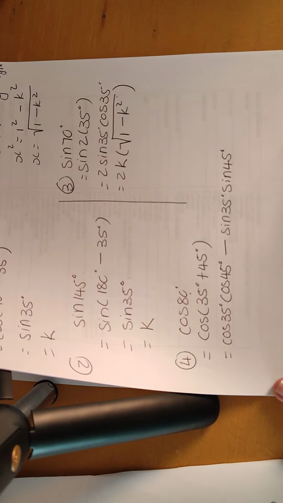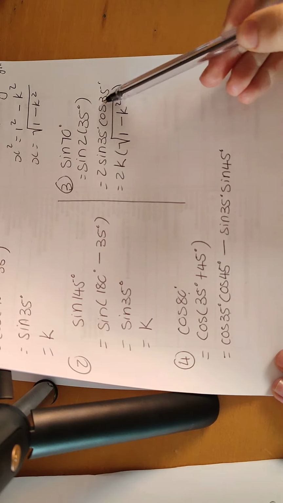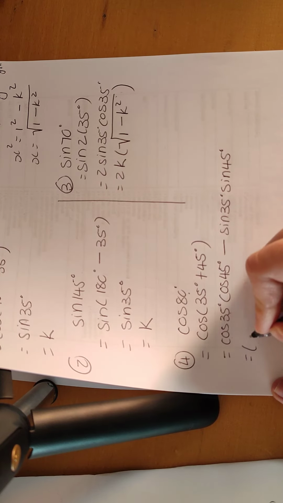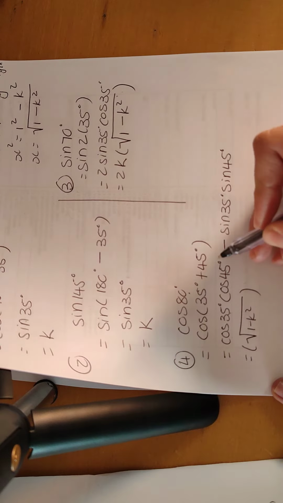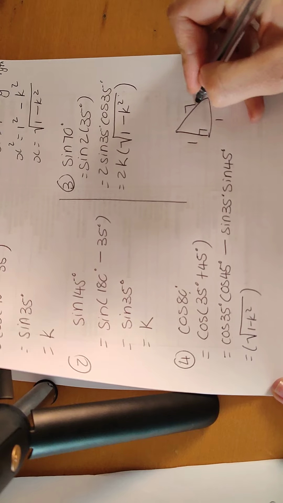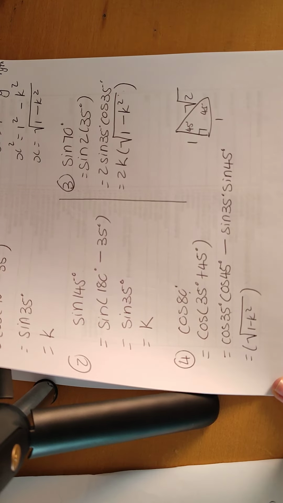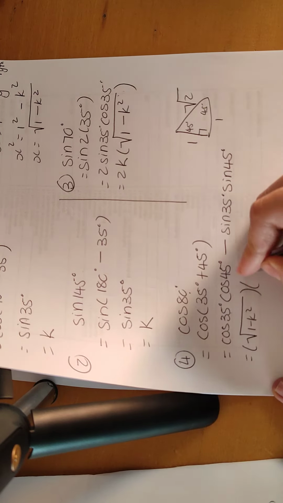Okay, now we can continue from that. Cosine 35 degrees we get from our triangle or Cartesian plane, and this is then the square root of 1 minus k squared. Cosine 45 degrees, from your special triangle, is 1 over square root 2.